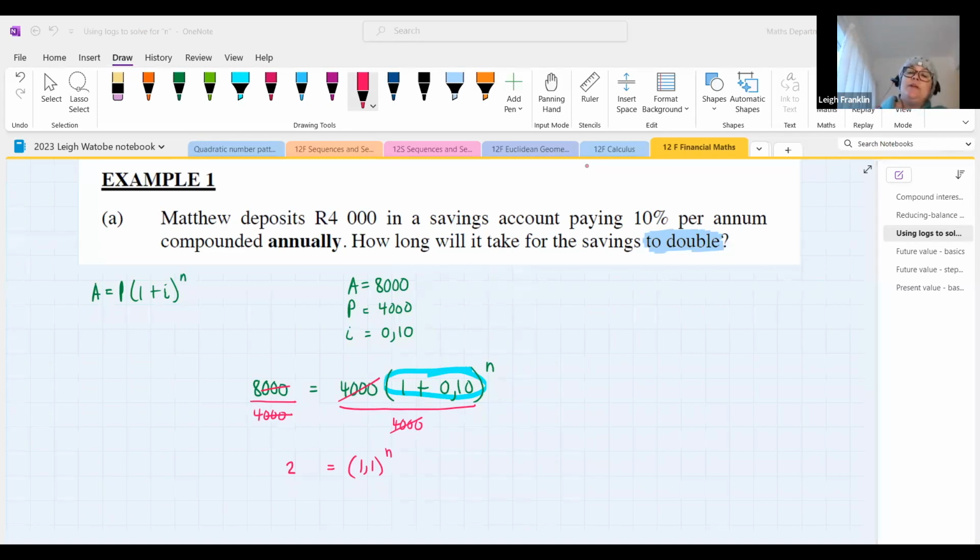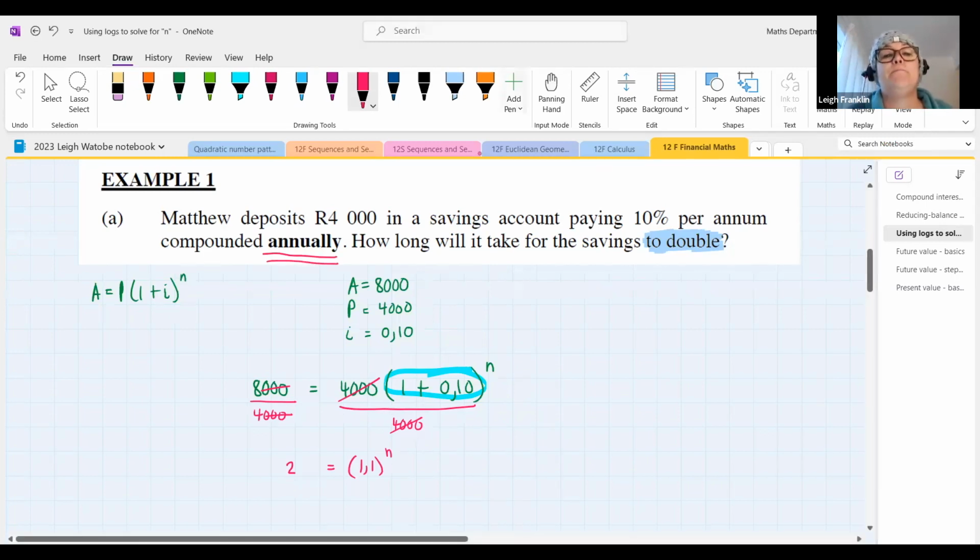If it was 10% per annum compounded monthly, it would be 0.1 divided by 12. If it was 10% per annum compounded quarterly, it would be 0.1 divided by 4, for example. Okay, so because it's compounded annually, it's actually being divided by 1.